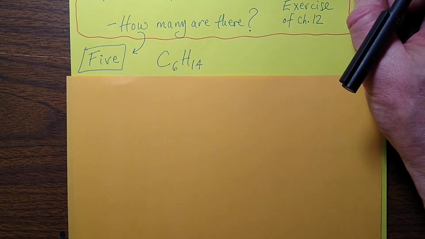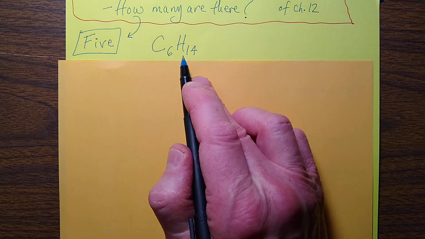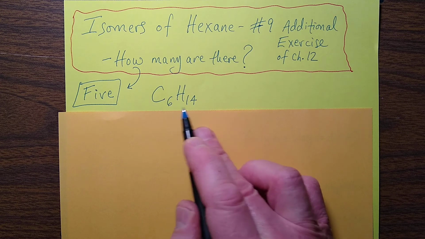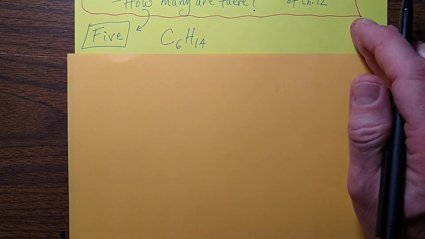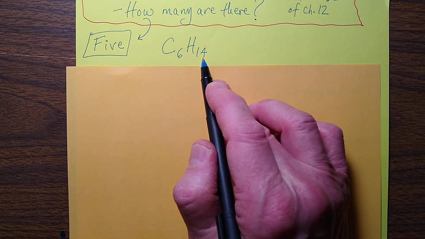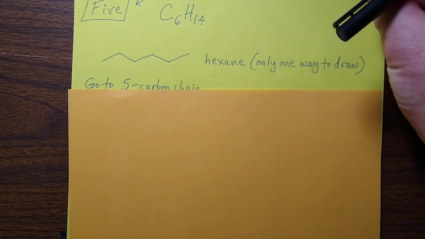So you write out the molecular formula of hexane. It's got 6 carbons. 2 times 6, 12, plus 2 is 14. So all the isomers you're going to draw are going to have that formula. If they don't, you've done something wrong. Go back and check your work.